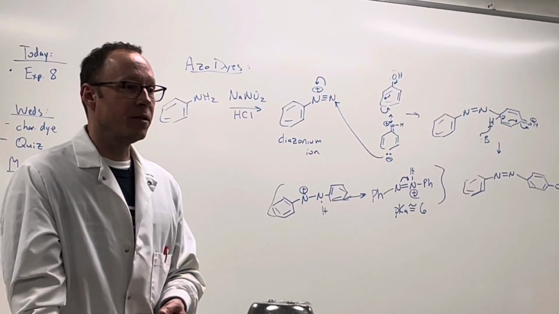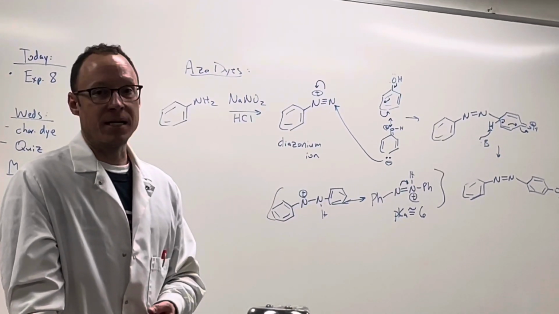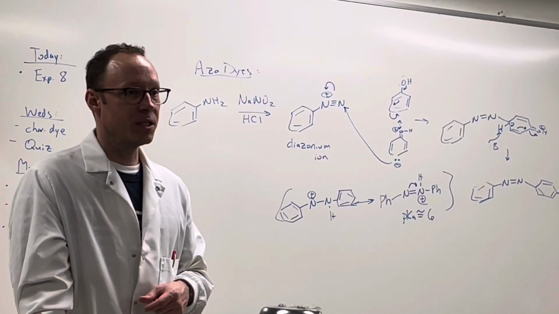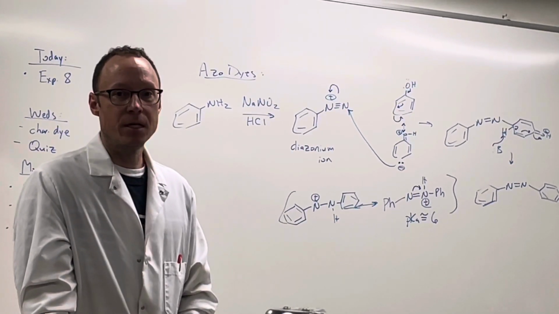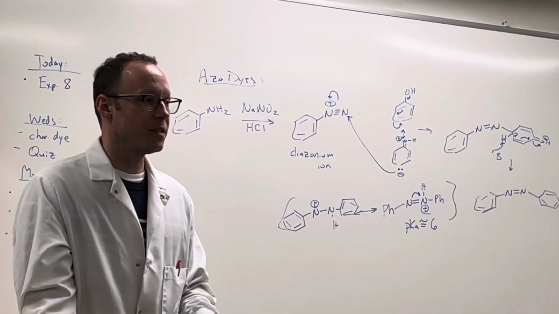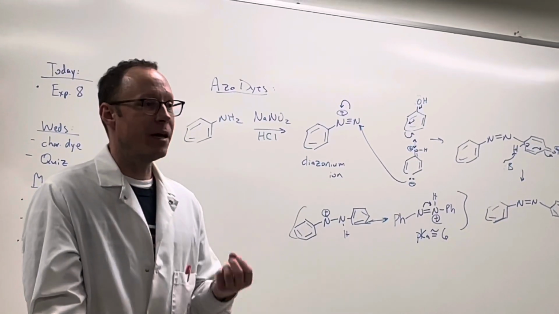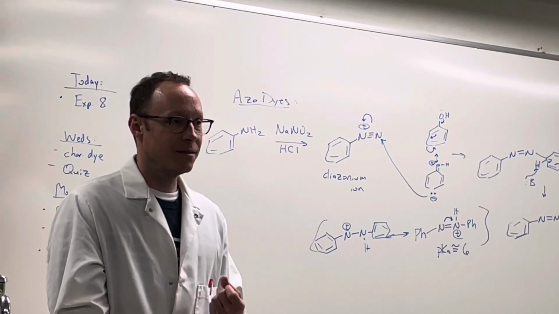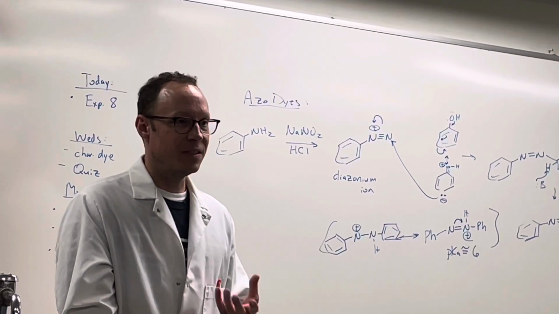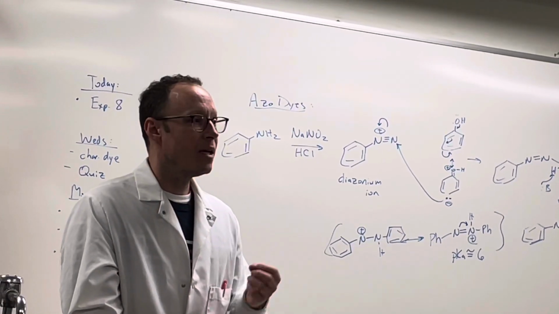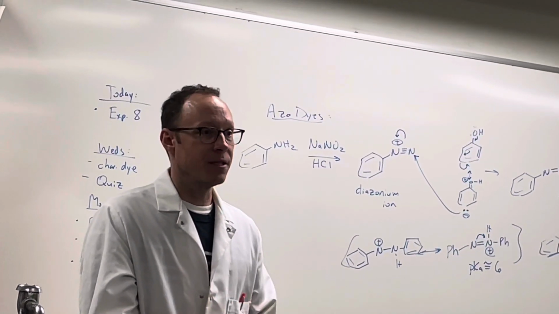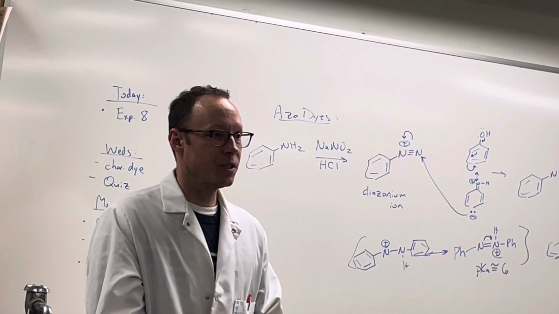So it'll look like there's a bunch of solid in it. If you get one of those more insoluble dyes, you'll probably need to do a filtration step. Just a simple vacuum filtration, because you don't want a bunch of solid in your dye. If you have a really heterogeneous precipitate kind of dye solution, when you go to measure the visible spectroscopy, all of those solids are going to affect your spectrum.